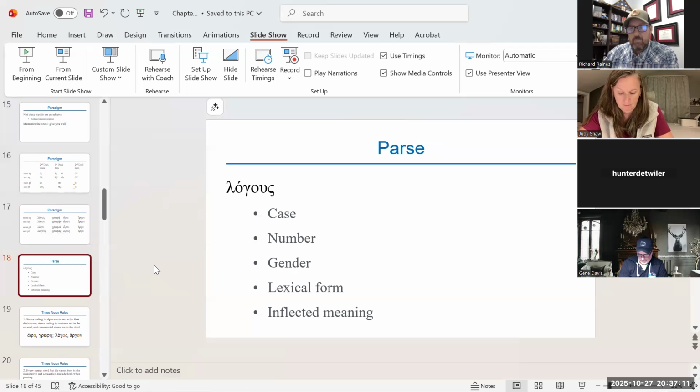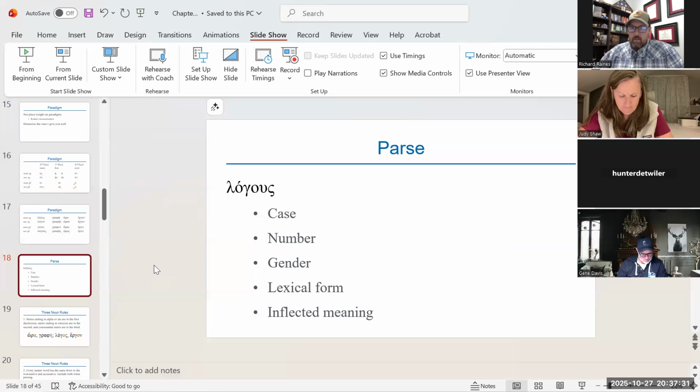It would be the nominative. It would be how you learned it. Logos. So what would be the inflected meaning? Well, you don't have a sentence, so all you can say is words because it's plural. This is the first time you've done this, so it's going to be bumpy.